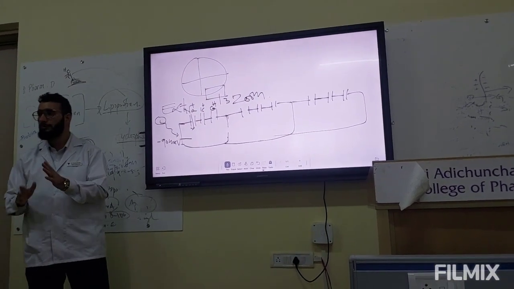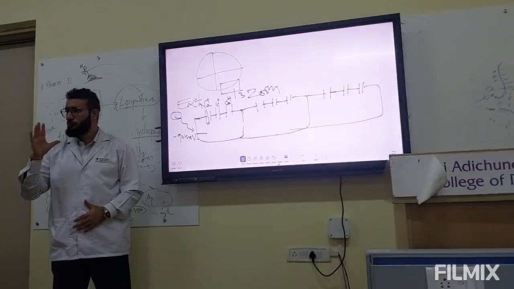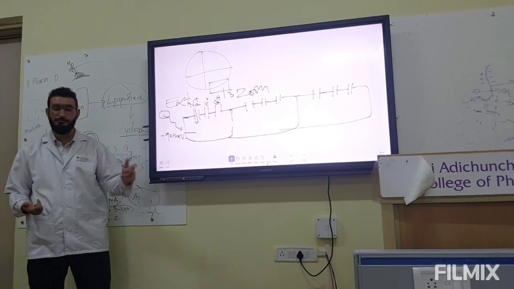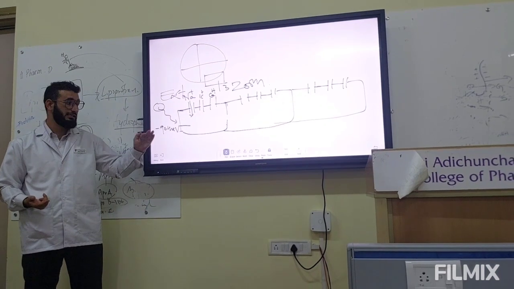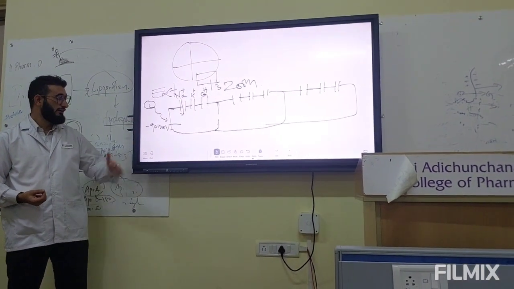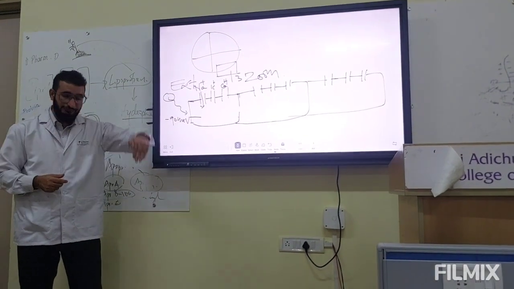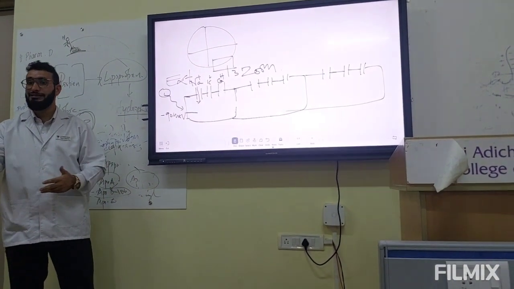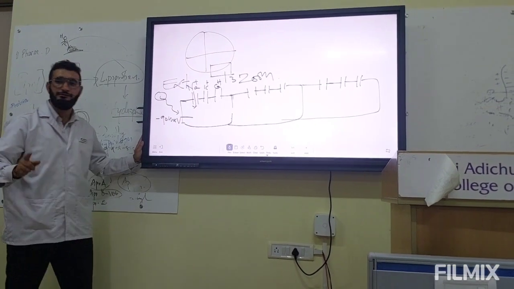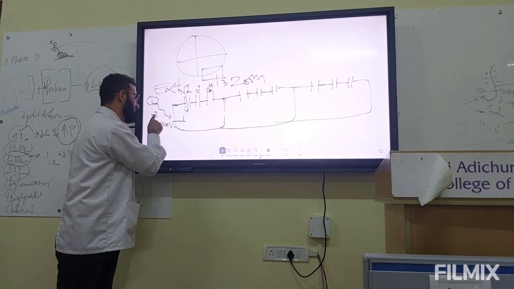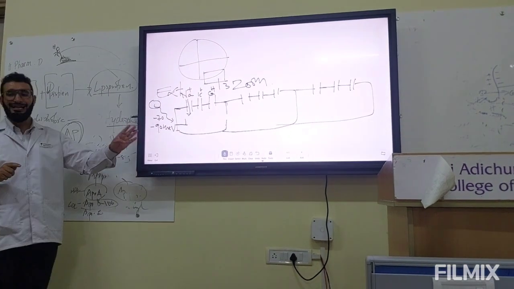Sodium contains a positive charge, and the inside is negative. So when there is an influx of positive charge, there will be a decrease of negativity. Eventually it will rise up to minus 70 millivolts.